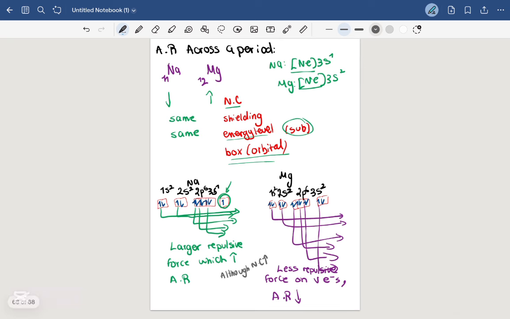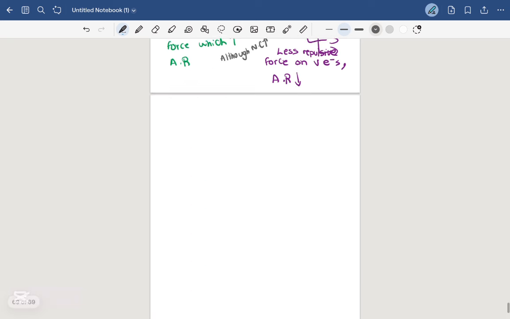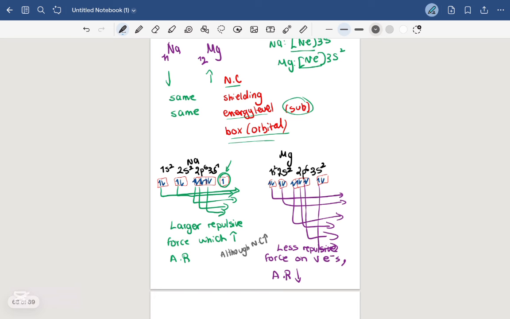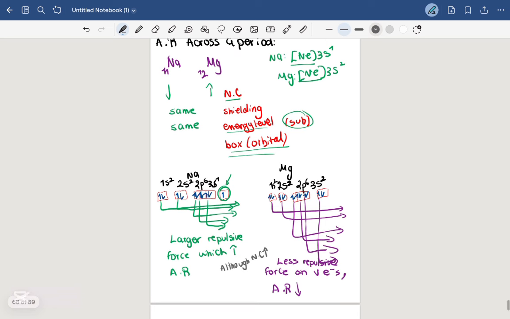But in this scenario, because we're moving across a period, you can say, although the nuclear charge increases, we have the same shielding effect, same energy level. So the forces of magnesium are less repulsive than those of the electron-to-electron repulsion of sodium, and thus we can deduce that sodium will have a larger atomic radius than magnesium.